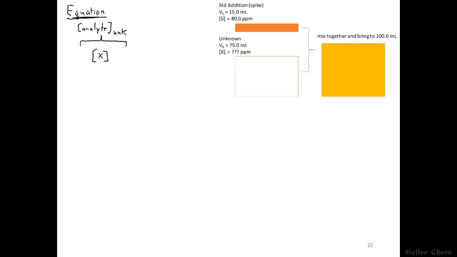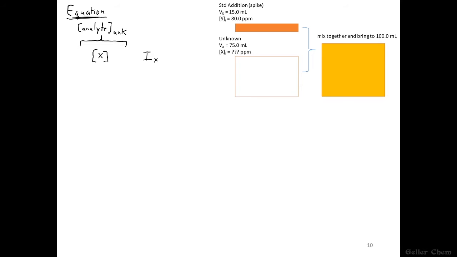And this concentration, when measured, generates a signal. In the word problem, we were told that absorbance signal was 0.372. For now, though, we'll just use the symbol I, and I'll give it a subscript X to denote that we're referring to the intensity of just the unknown.